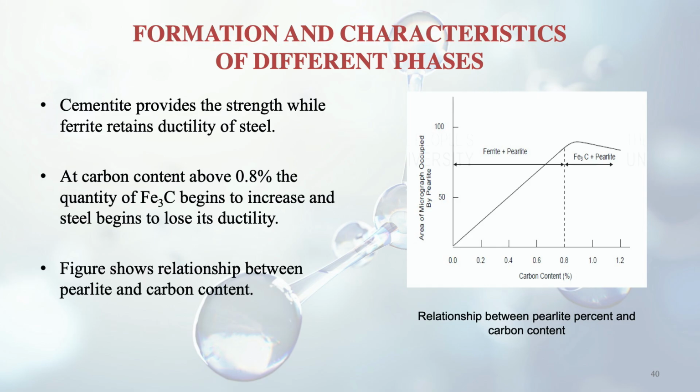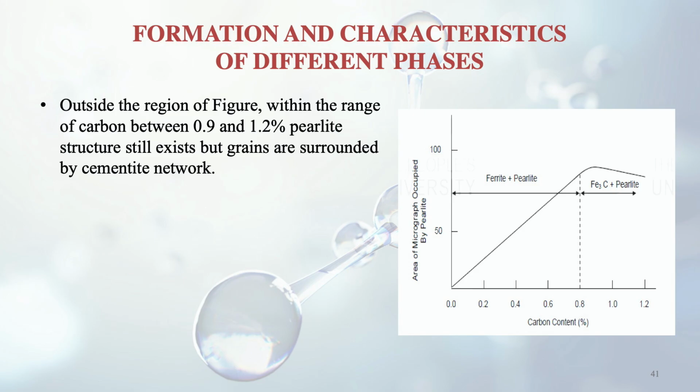It is because the cementite content is increasing instead of the pearlite now. So outside the region of the figure given here, within the range of carbon between 0.9 and 1.2%, the pearlite structure still exists, but grains are surrounded by the cementite network. I told you just now that cementite increases beyond 0.8%, so that is what is happening here between 0.9 and 1.2%.